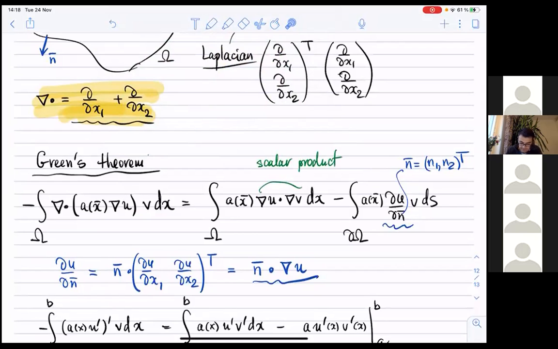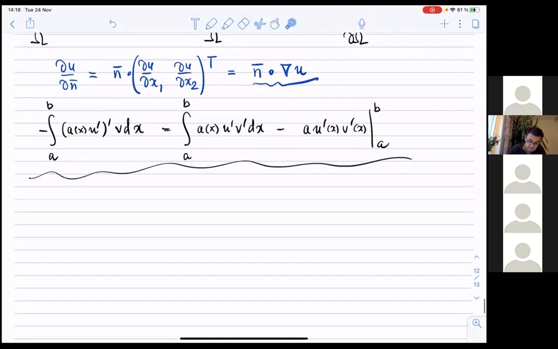Then we have this integral inside the domain, and we have these boundary terms together with the normal derivative to the boundary.